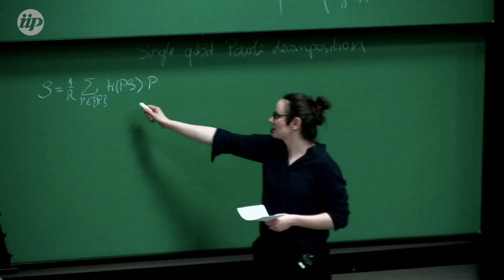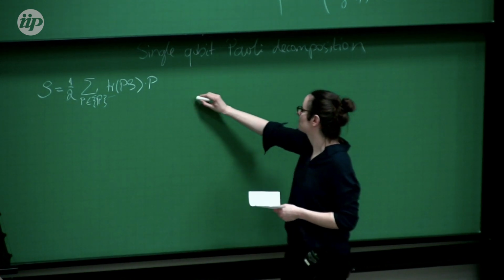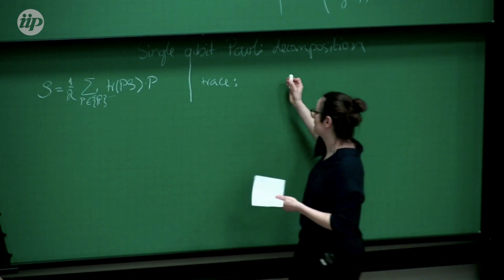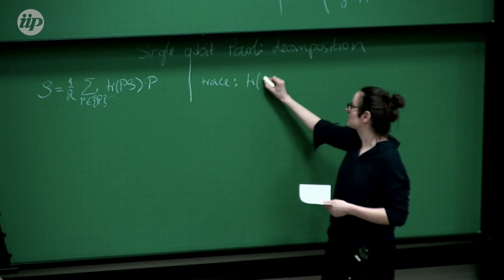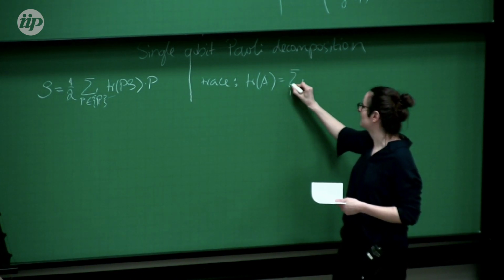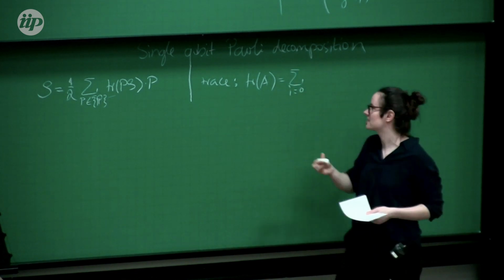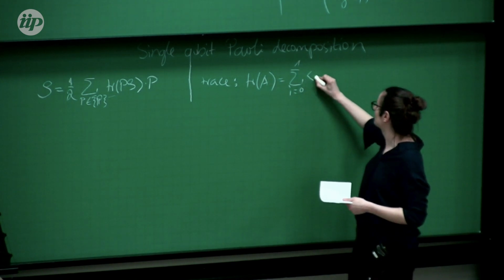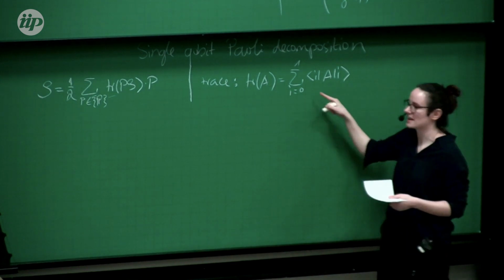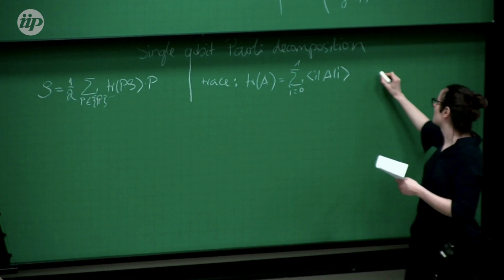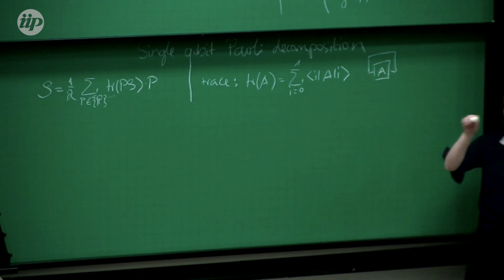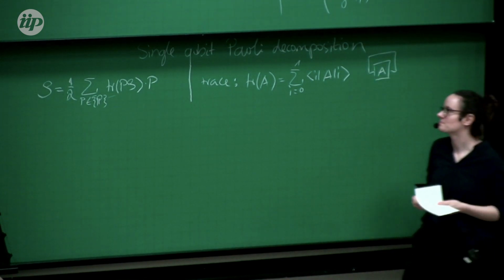And here the trace object, in our case, just means when I take a trace over some operator A, I'm summing over just two basis vectors, 0 and 1, over the diagonal of A. In our language, this was this, right? We just contract the input and the output.